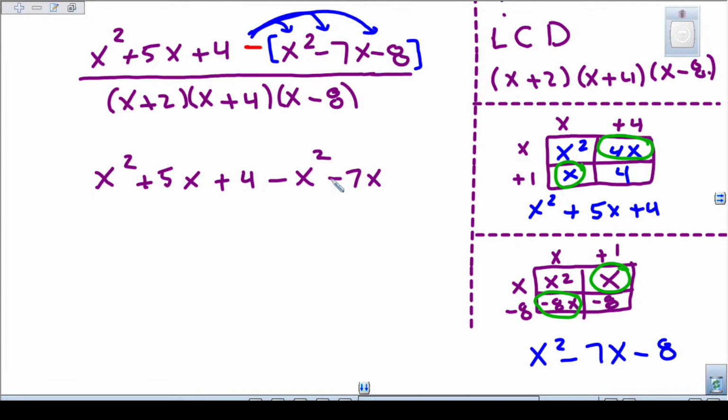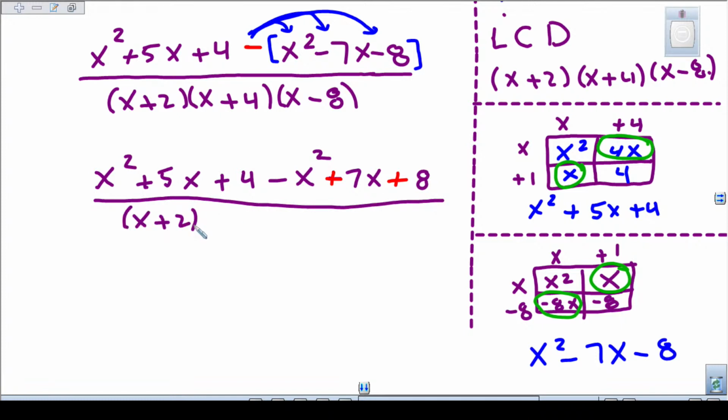That's why we have to be very careful. Positive. And then positive 8. Yep. I would highly recommend using a different color pencil as well when you do problems like that, so make sure that the signs stand out. You do not miss it.